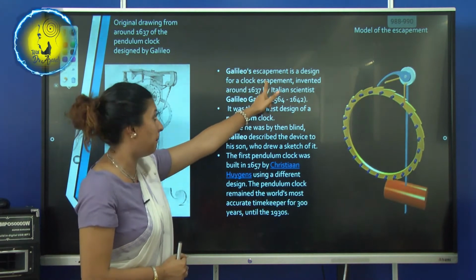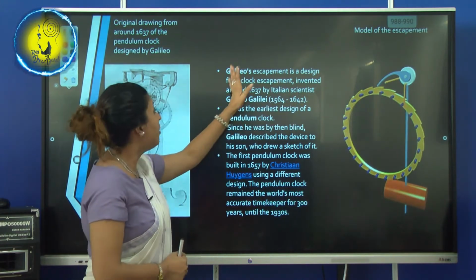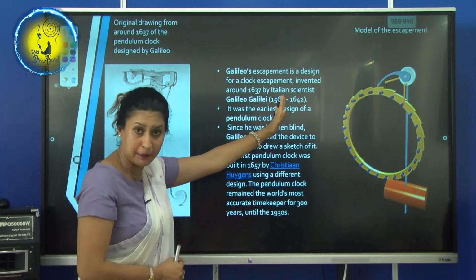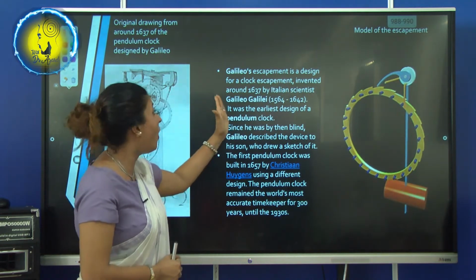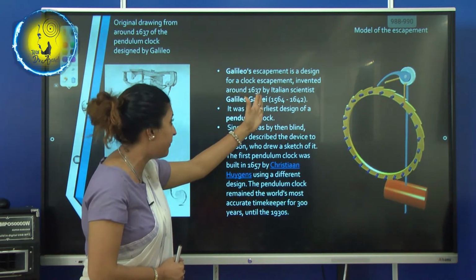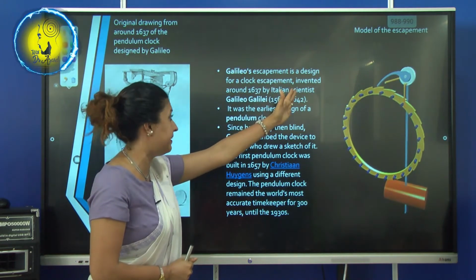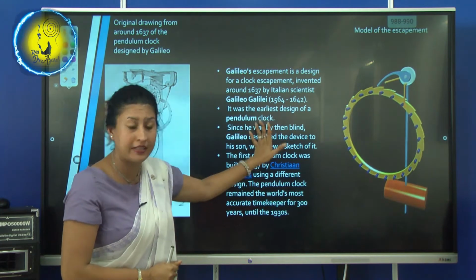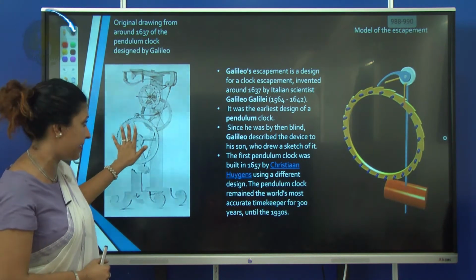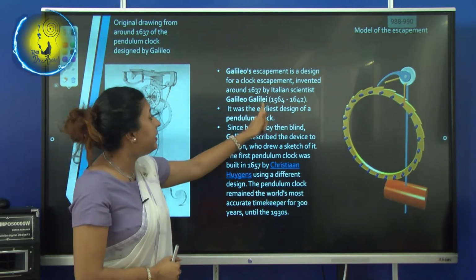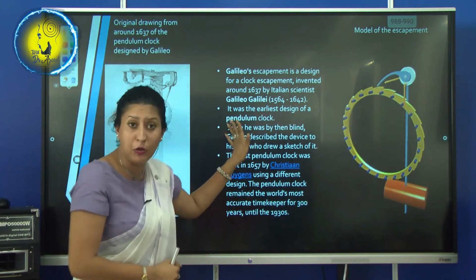Galileo's escapement is a design for a clock escapement. He invented it in 1637, Italian scientist Galileo Galilei. You know that. It was the earliest design of a pendulum clock.